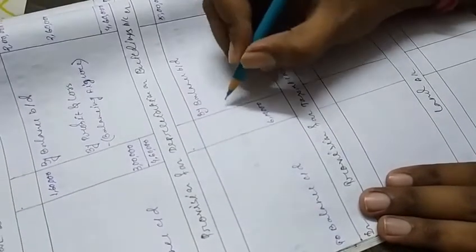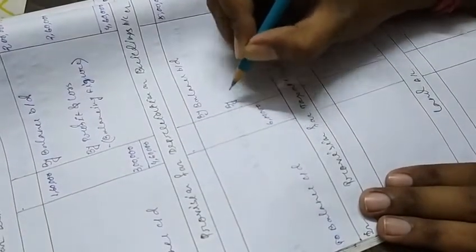At this point we could not recognize where the balancing figure is, so we have to calculate that through this provision for depreciation on building ledger account.